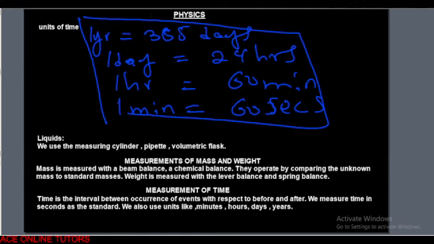So make sure you master everything that we have done in this aspect. The last class for this first chapter of physics is going to end in the next class.